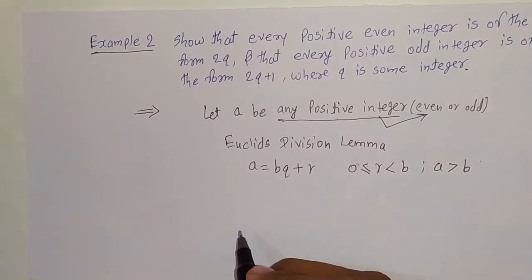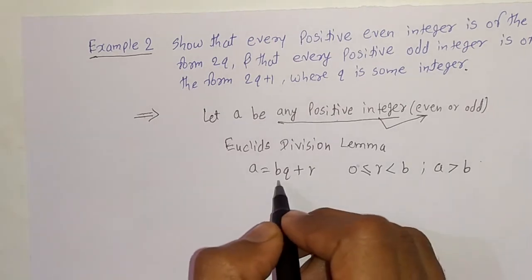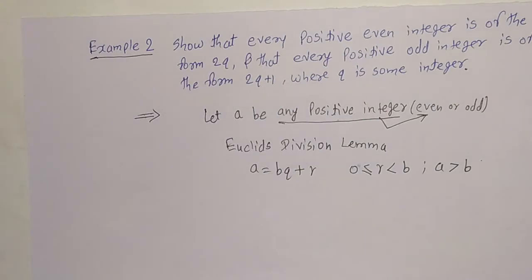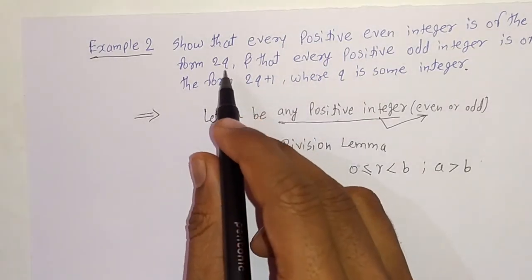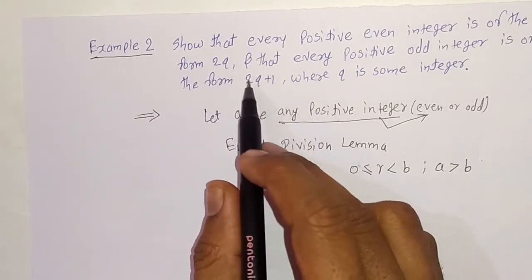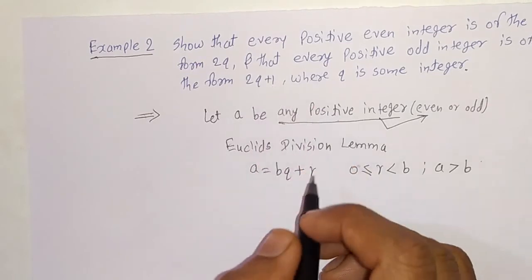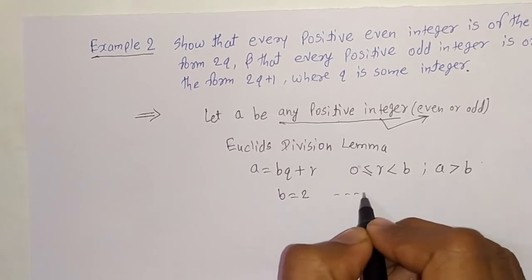In this case, the value of b is given as 2.